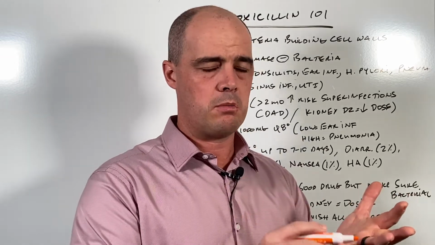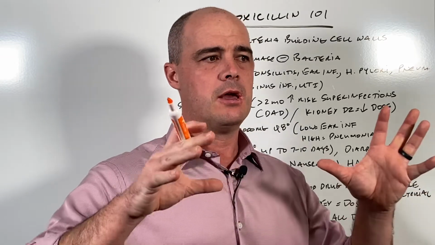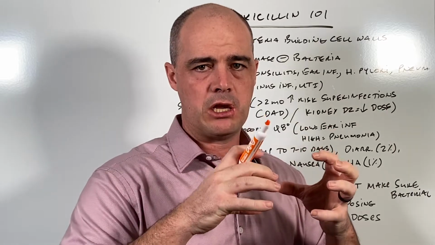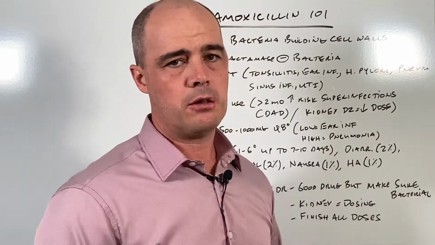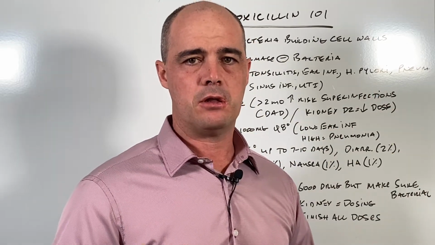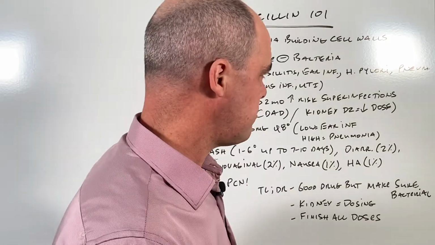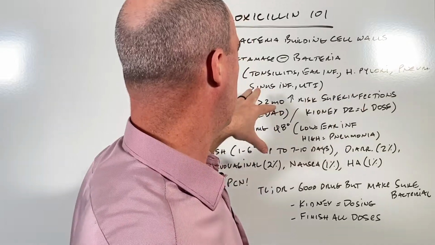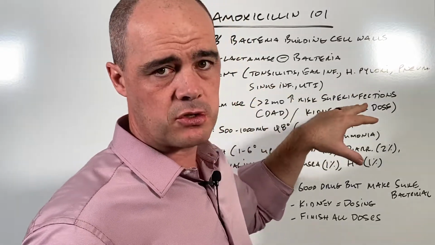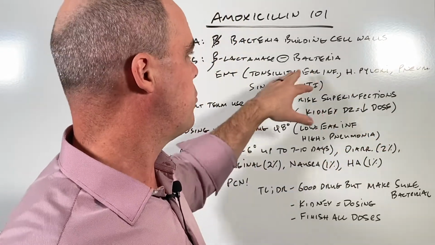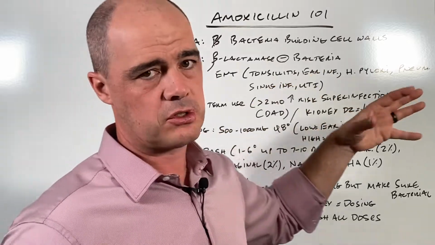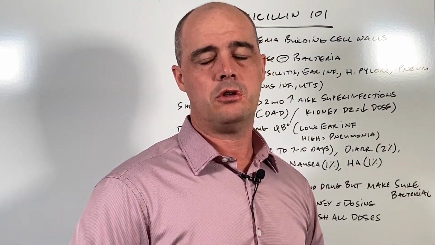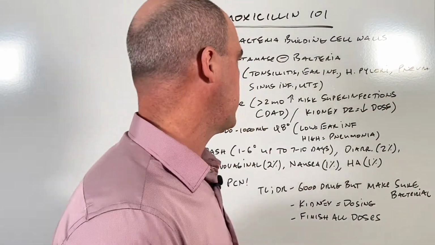You can use omeprazole, amoxicillin, some of these medications in combination to treat H. pylori, which is a bacteria that lives in the stomach. Next, we can see it used in stuff like pneumonia, sinus infections, and UTIs. So two of the big ones, ear infection and sinus infection, are huge uses for amoxicillin.